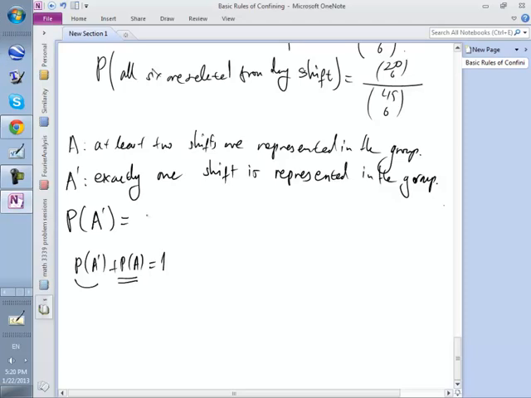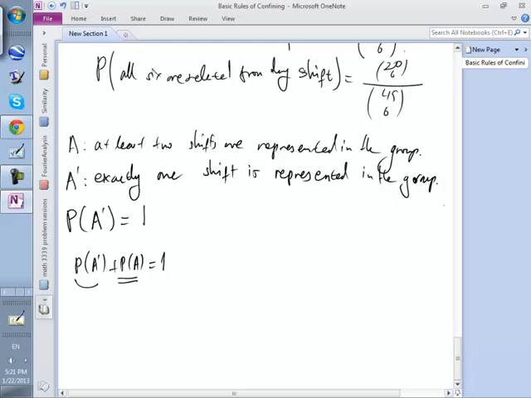Exactly 1 shift is represented in the group. How many shifts do we have? 3. The morning, the swing, and the graveyard. So that group can be either all from the morning, or from the swing, or from the graveyard. Okay?